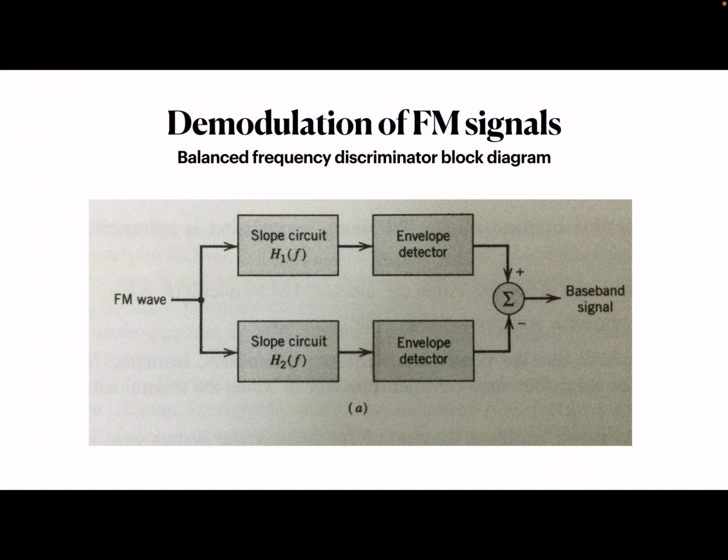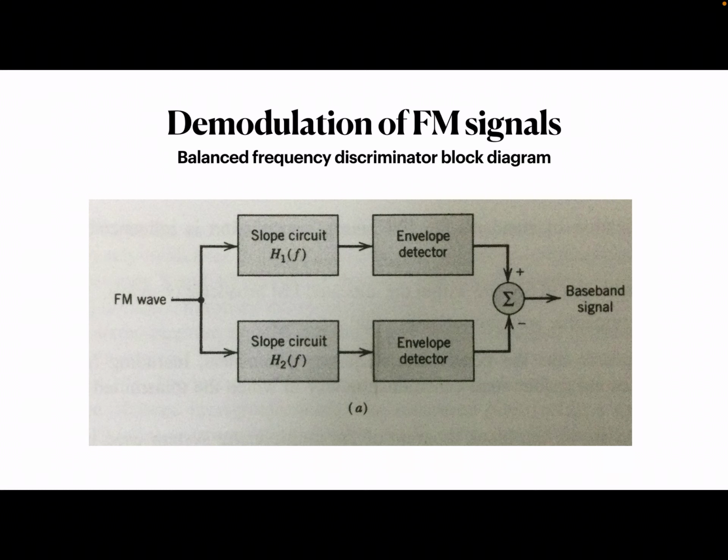The demodulator circuit should be insensitive to any amplitude changes in the frequency modulated wave. It should only respond to the frequency changes. Even if there are any amplitude variations, it should not take them into account. It should not be too critical in its adjustment and its operation.